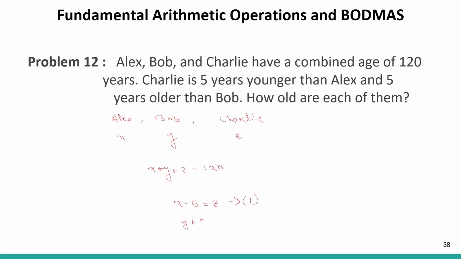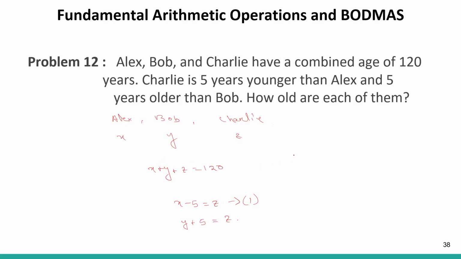So z is equal to x minus 5, and Charlie is 5 years older than Bob. So if Bob's age was y, then y plus 5 is equal to z.